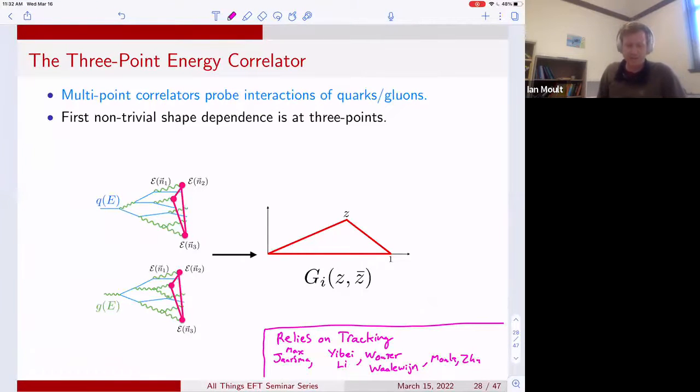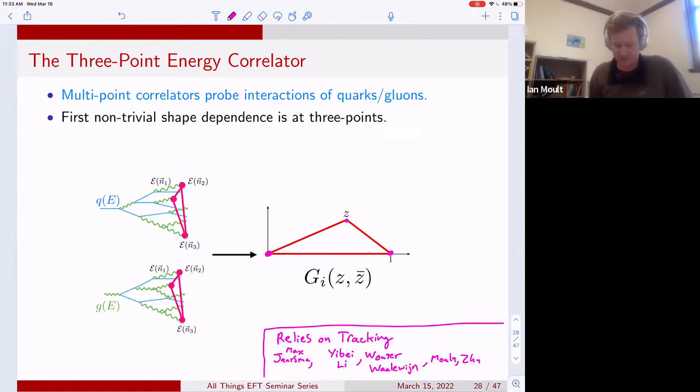Okay. And so these multi-point correlators, as I just said, they probe in a very nice way the interactions of these quarks and gluons. And the first non-trivial shape dependence is at 3 points. And so here I'll kind of show this in a triangle where you have 1 point at 0, 1 point at 1, and 1 point at some complex value z.